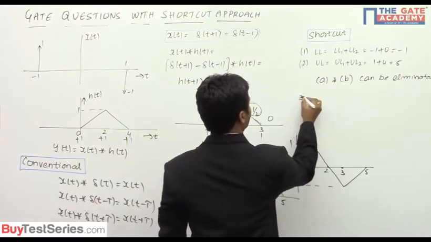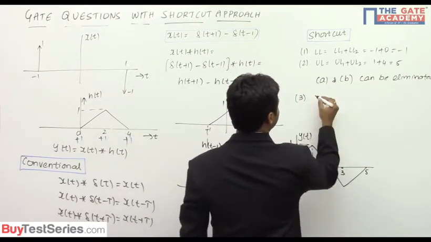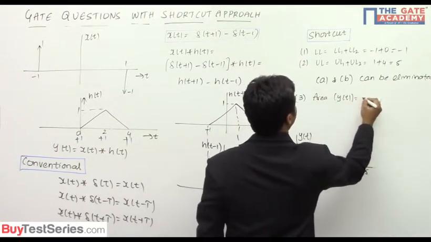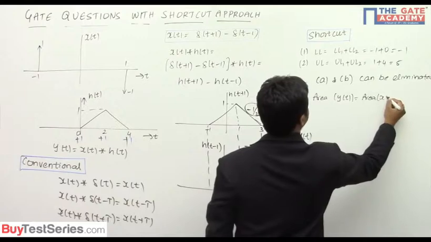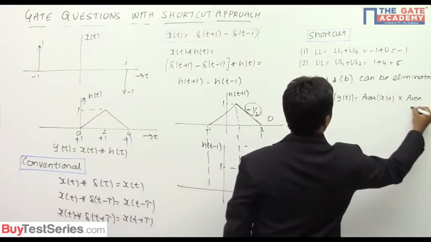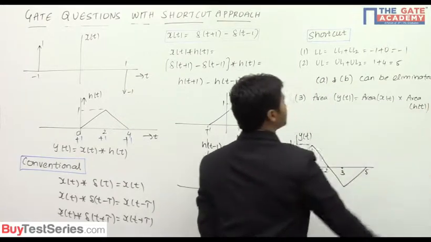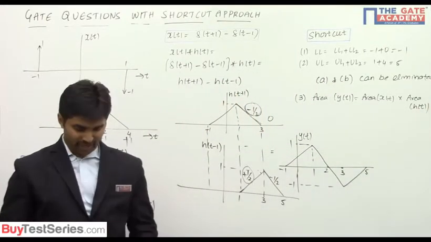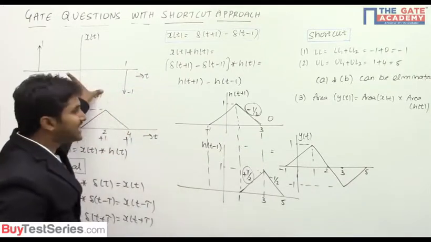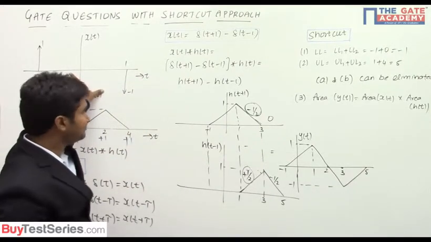And there is one more property which says that the area of y of t is equal to the area of x of t multiplied by the area of h of t. Can you tell me what is the area of x of t?